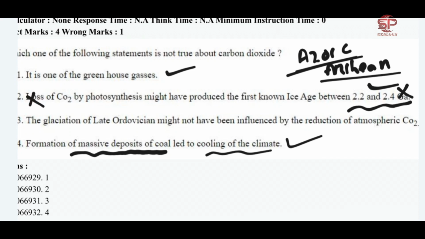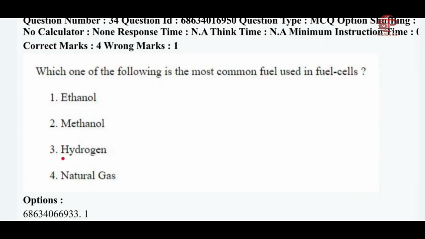Number 2. Which one of the following is the most common fuel used in a fuel cell? So what is a fuel cell? It is a type of cell, or a battery, which uses the fuel and converts it to electrical energy. A fuel cell is an electrochemical cell that converts chemical energy into electricity.